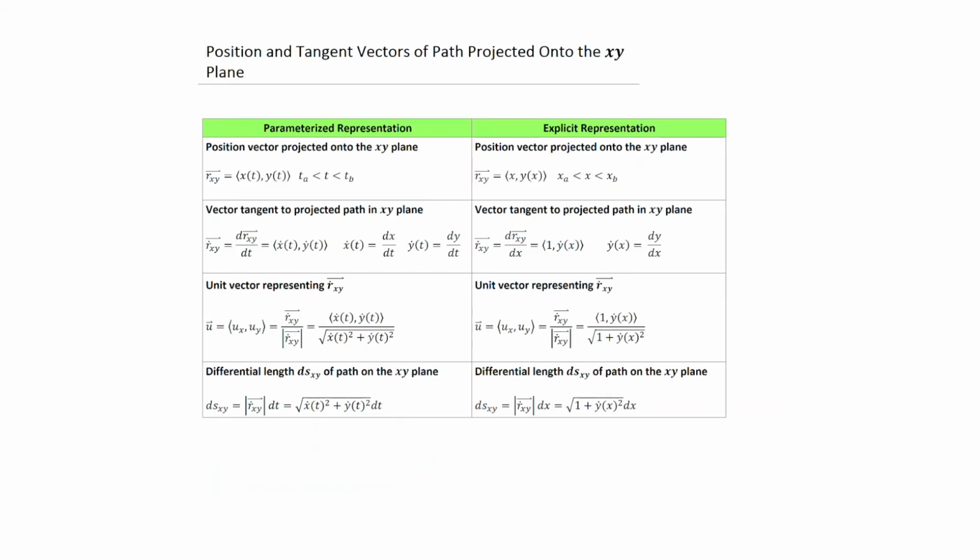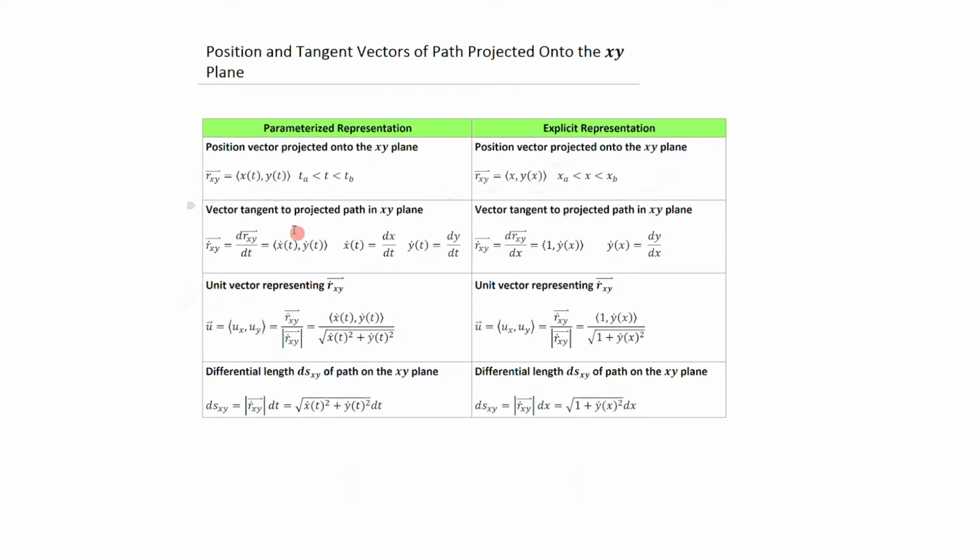All right, so let's look at the position and tangent vectors of the path projected on the xy plane. This one we've already just looked at. On the xy plane, the position vector is (x, y), between a lower and upper limit of t. The position vector for the explicit representation would be x, with the second component being a function of x, so y is a function of x.